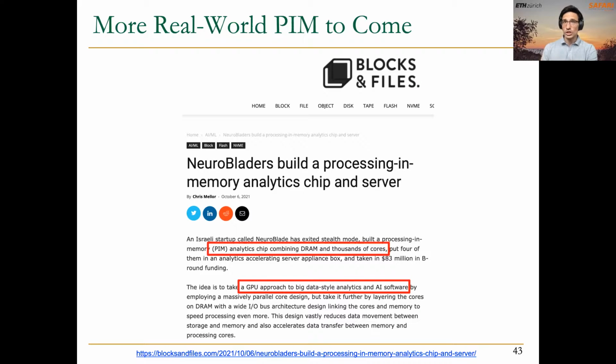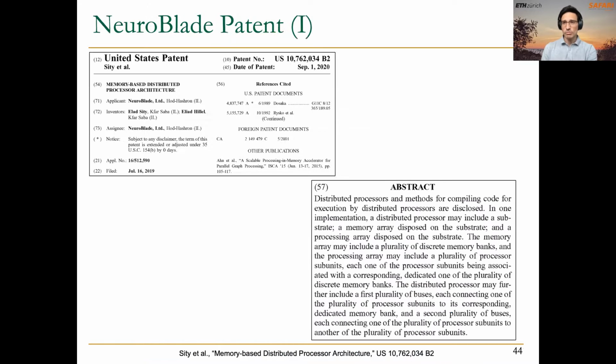They use a GPU-like approach, and this architecture is targeted at big data analytics and AI. There is not much information about this architecture on their website or in research papers, but I could find a couple of patents that explain, at least at a high level, the NeuroBlade system.